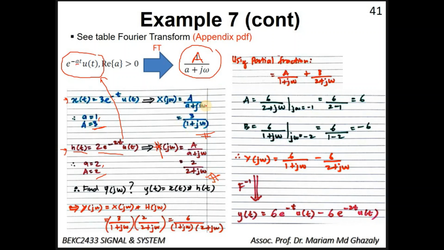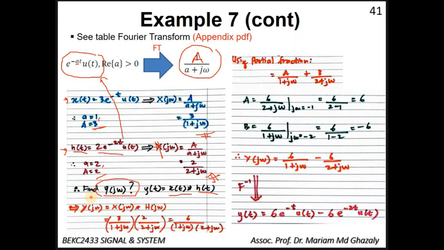Now by looking at the convolution property, the question asks you to find what is Y(jω). You can get Y(jω) by multiplying the input convolved with the system transfer function ht.